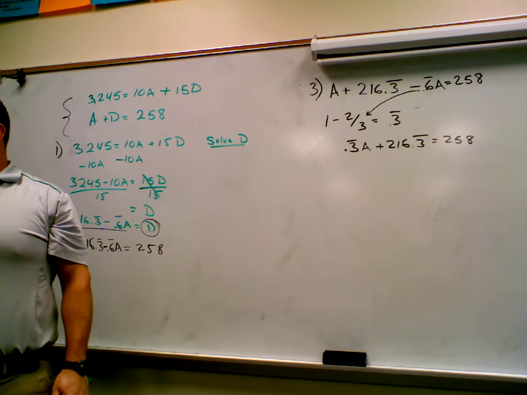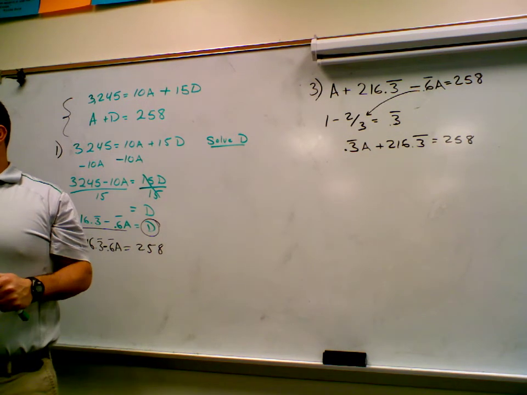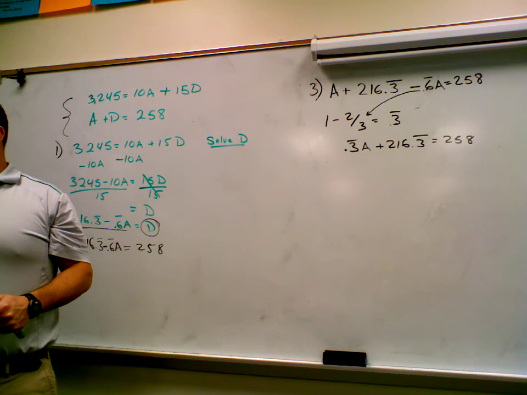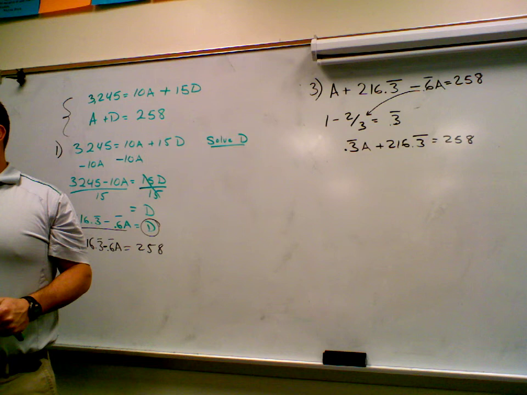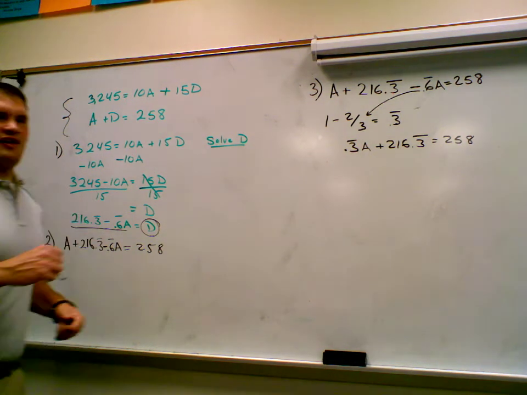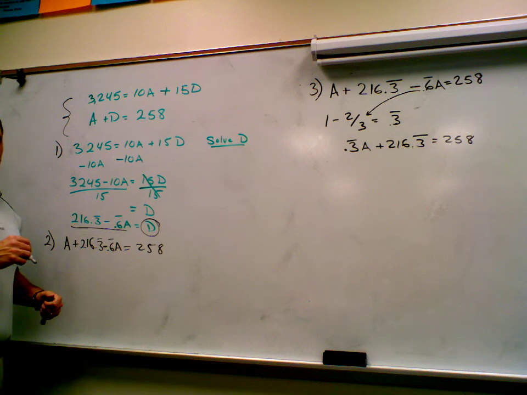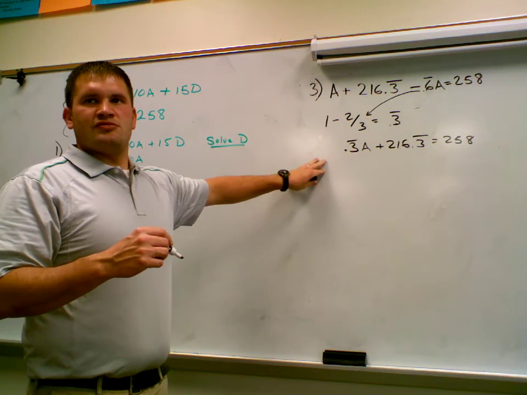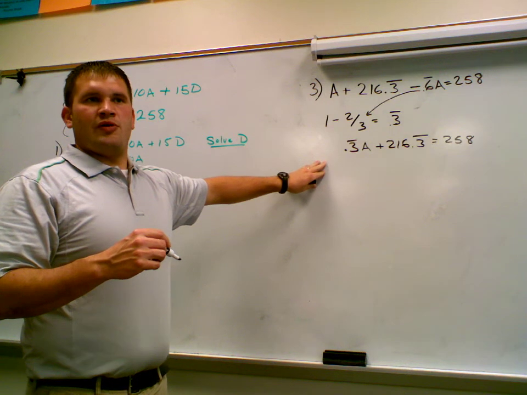If you do 2 divided by 3, you get 0.6 repeating. Try it on a calculator. Does that make sense? Alexis, does that make sense why it's not 0.4 repeating? Are we good to here?